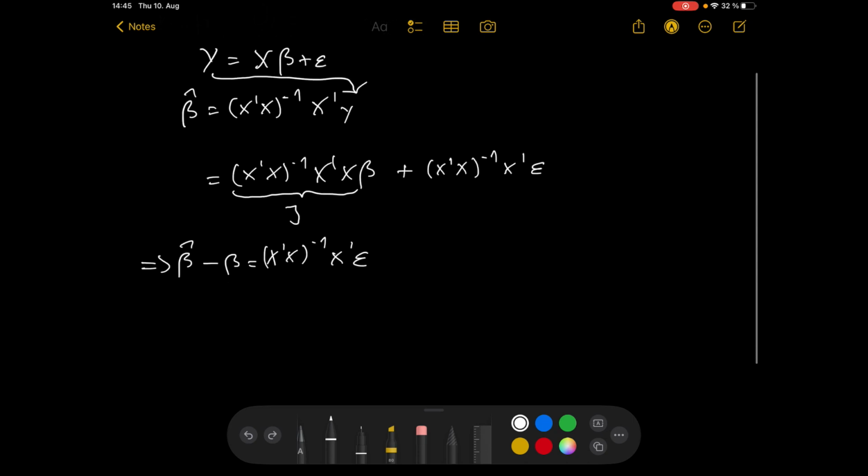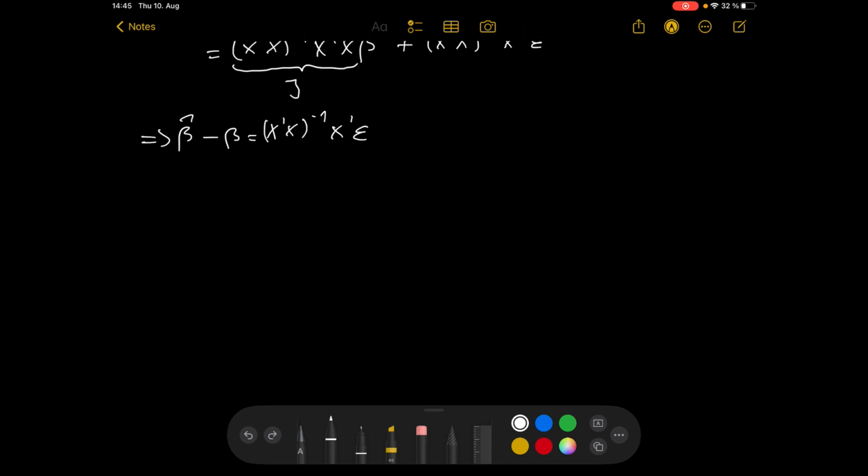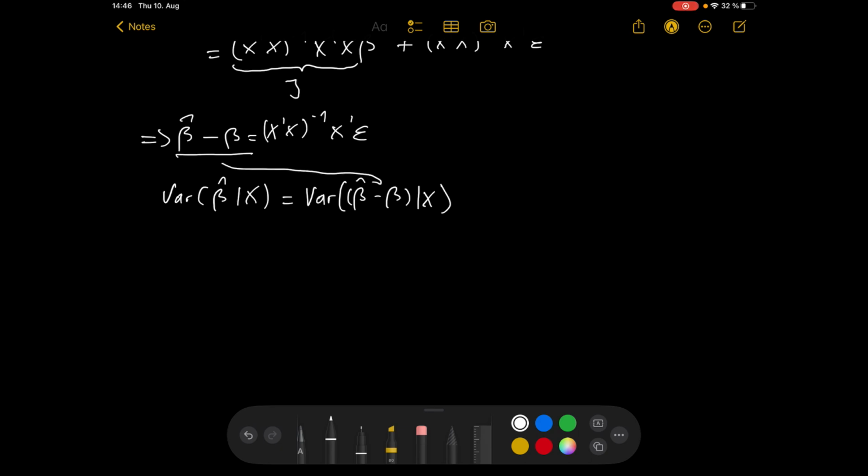All right, so the variance of beta hat given x, so this is the conditional variance, is equal to the conditional variance of beta hat minus beta. I mean, beta is just a constant, so it would drop out of the normal variance. Doesn't matter for us, given x. And now we can use our useful expression here and substitute it.